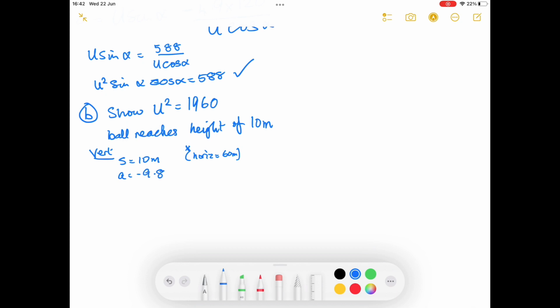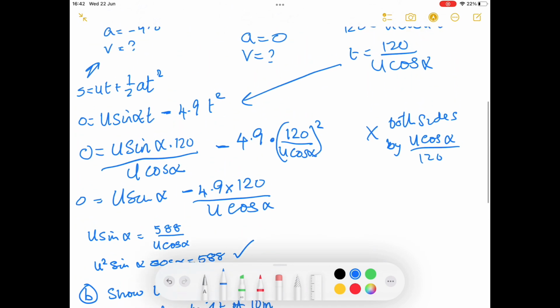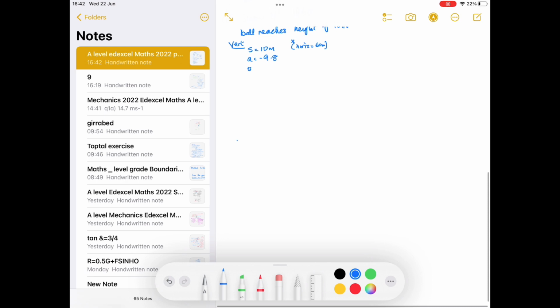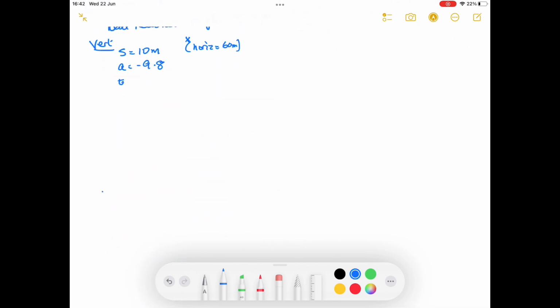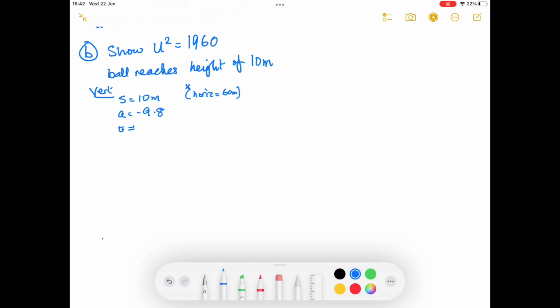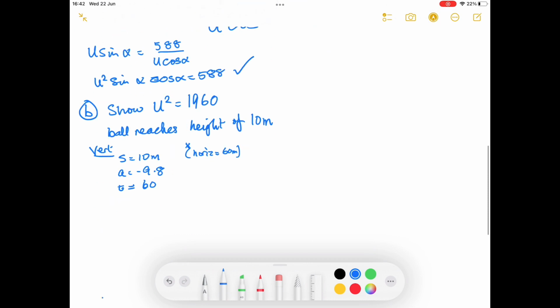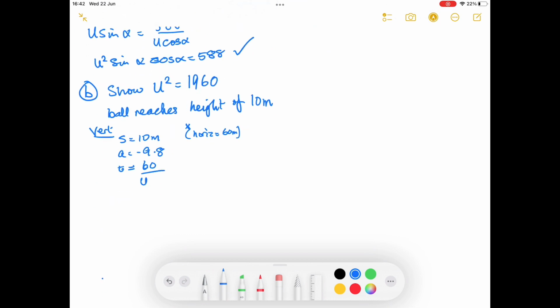Acceleration is minus 9.8, and we can use t from above, 120 over u cos alpha. But it's going half the way, so it'd be divided by 2, so it'd be 60 over u cos alpha.